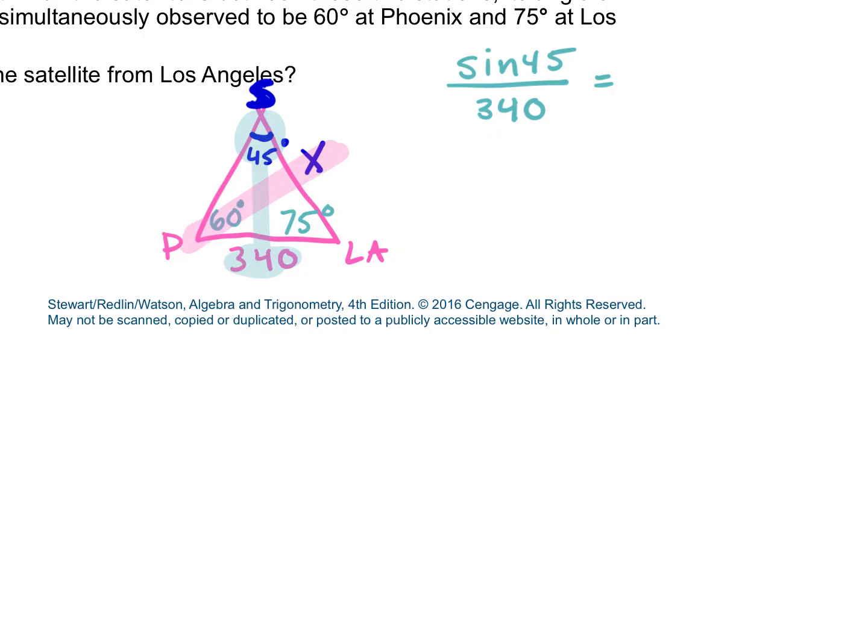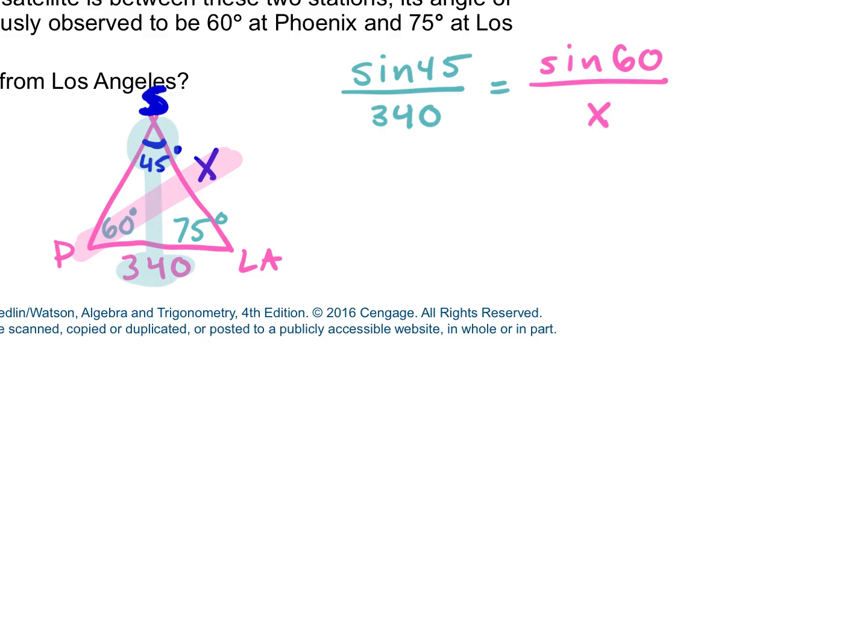So I'm going to say sine of 60 over x. Start with the pair of opposites that you have that's given, and then you want to see what you're solving for. We're trying to find x, so that's going to be the other proportion that I set up.